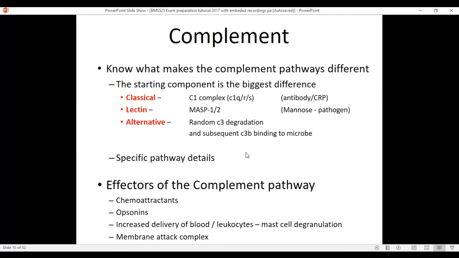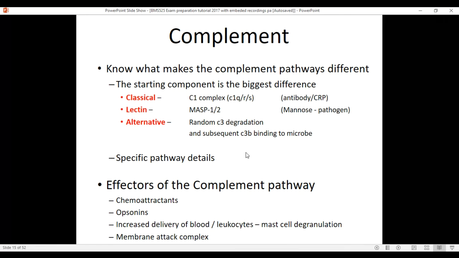What makes the lectin pathway distinctive is instead of having a C1 complex, it has MBL and MASP1 and MASP2. Okay, and that complex will become activated and subsequently go on to cause degradation of C2 and C4 in a similar way to the classical complement pathway.